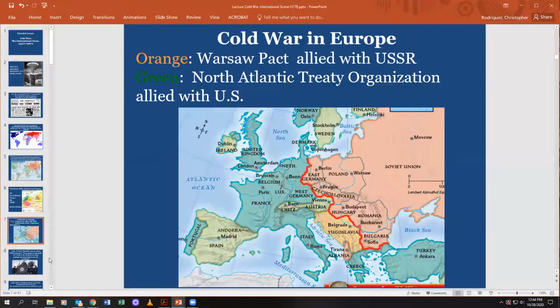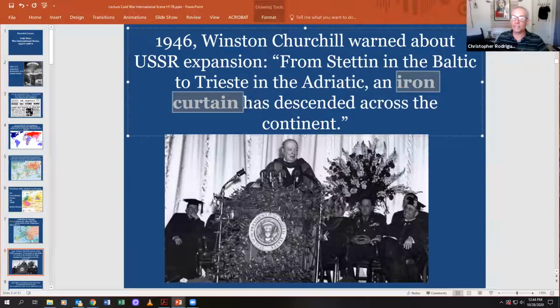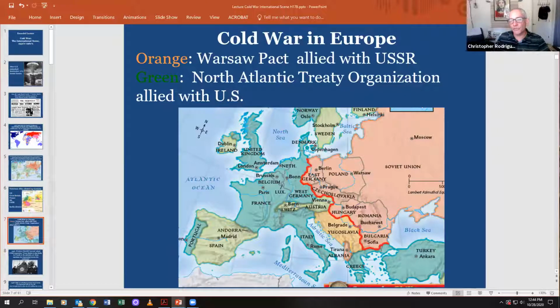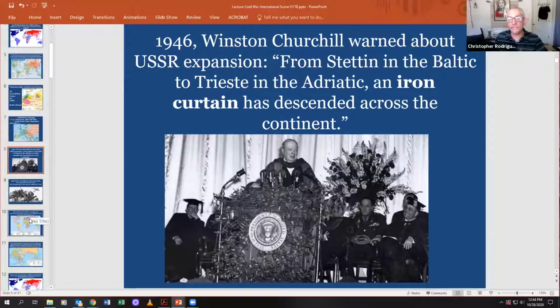He said, "From Stettin in the Baltic, from way in the north, to Trieste in the Adriatic, way in the south, an iron curtain has descended across the continent." He's referring to how, from north to south, Europe is basically divided in two. And he was warning that we need to do something about that. We, meaning the United States, England, and its Western allies.